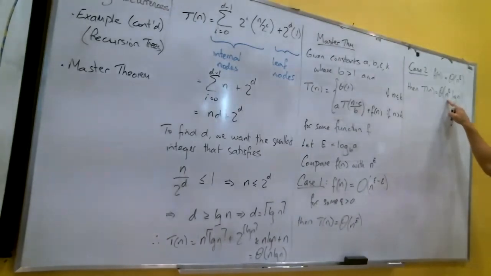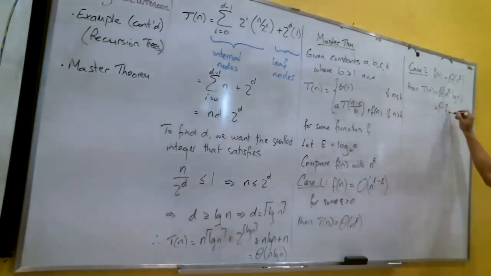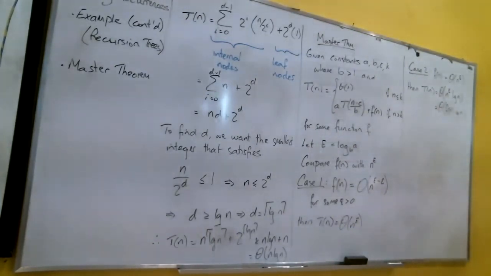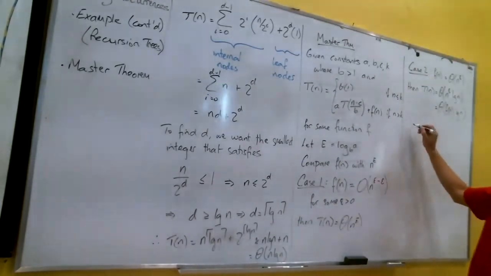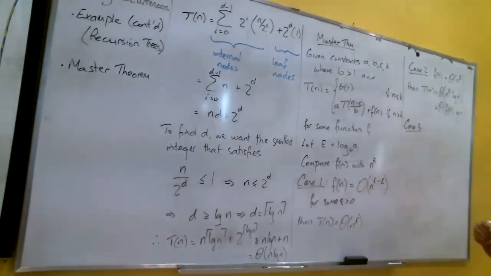Of course, in this case, because n to the e is the same order of growth as f of n, this is the same as f of n log n. That's case 2.